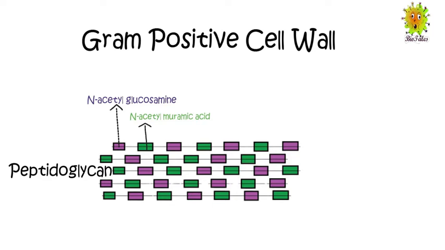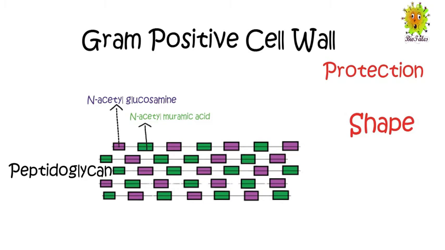These molecules are cross-linked together by short peptides, which help to give the peptidoglycan layer strength and provide structure. Peptidoglycan provides protection for bacteria and also defines its shape. The gram-positive bacteria cell wall has several layers of peptidoglycan.